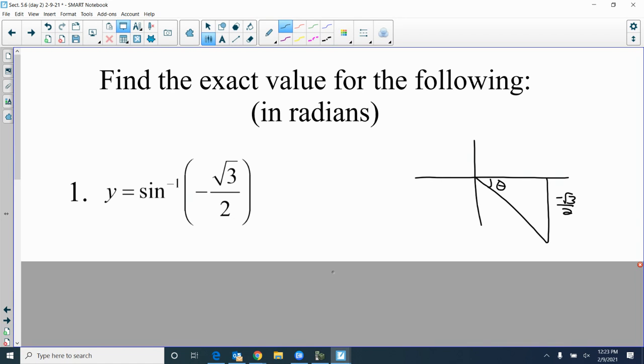But since we're in quadrant 4, it's not 60, we're going to label it as negative 60. Since I want my answer in radians, the final answer will be, Ty? Negative 5 or 6. Not 6, that would be 30 degrees. Negative pi over 3. So the answer is negative pi over 3. Negative 60 degrees, negative pi over 3.